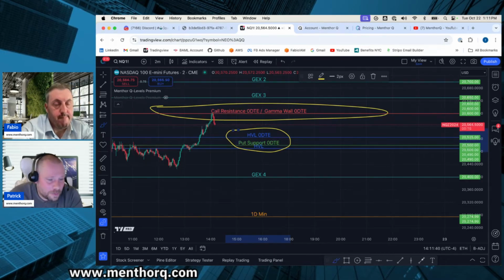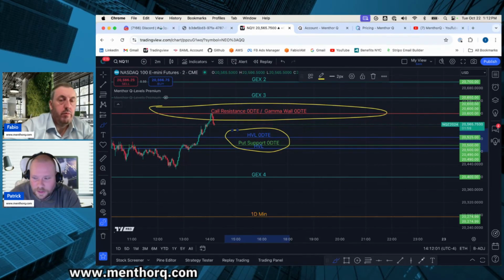Is there a much better setup? Ask all the questions: timing, location, setup, and then go through this. Don't go in blind in areas where levels are crazy strong. It makes most of the time no sense, especially if you're not so experienced with these areas.